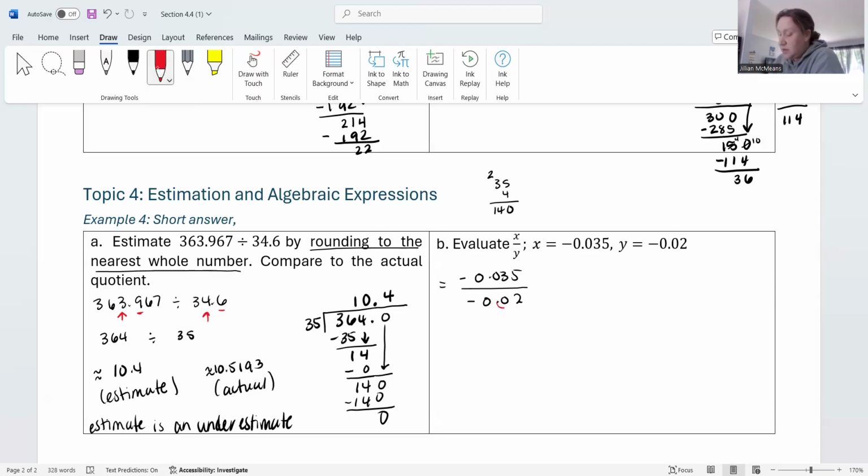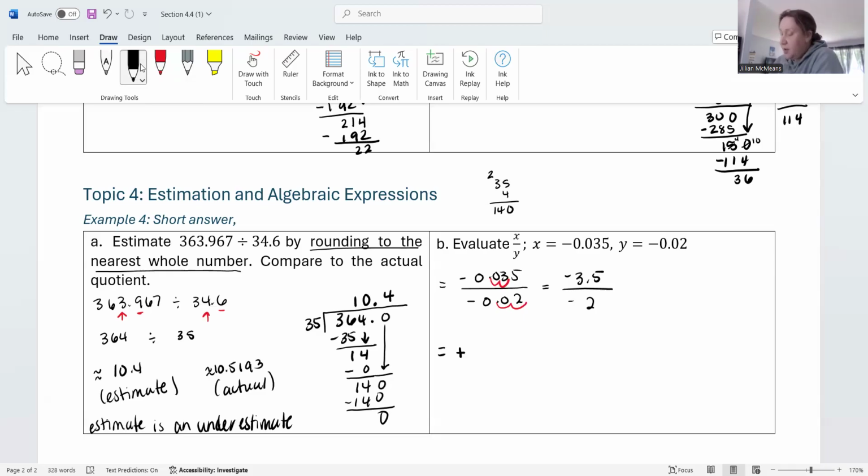Now we want to divide, so let's go ahead and force our divisor to be an integer. So we're going to move the decimal twice, which makes my denominator -2. But if I move the decimal in the denominator, I have to move my decimal in the numerator, which is the dividend. So I'm going to move my decimal twice, making my numerator -3.5. Okay? So keep in mind when you divide two negatives, your quotient is positive.